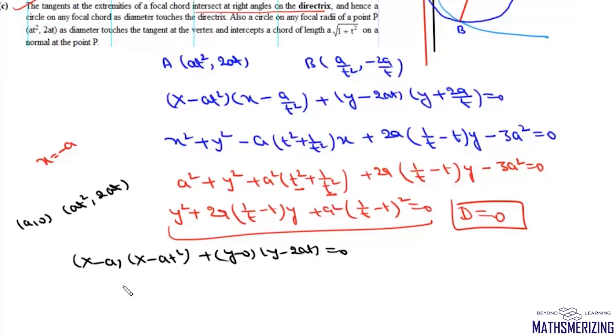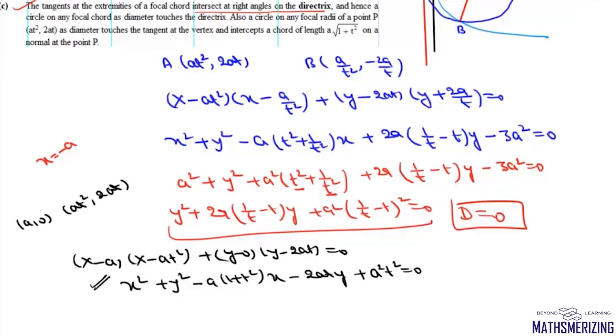So we can write this equation as x square plus y square minus a(1 plus t square)x minus 2aty plus a square t square equals 0. Now for this circle, we need to show that it touches the y-axis.